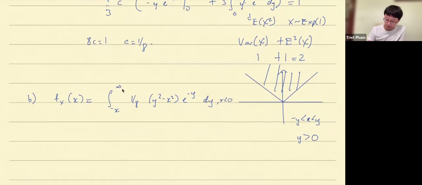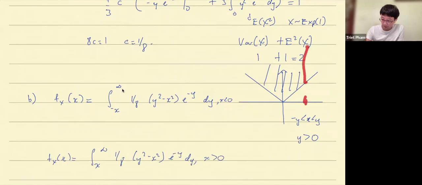And if x is positive, you go from x to infinity. Do we understand? So this density of x is actually a piecewise function. It doesn't have a single function for every value of x.